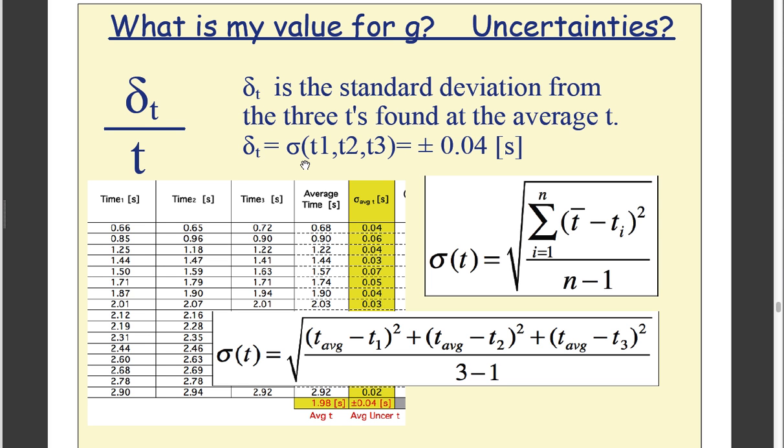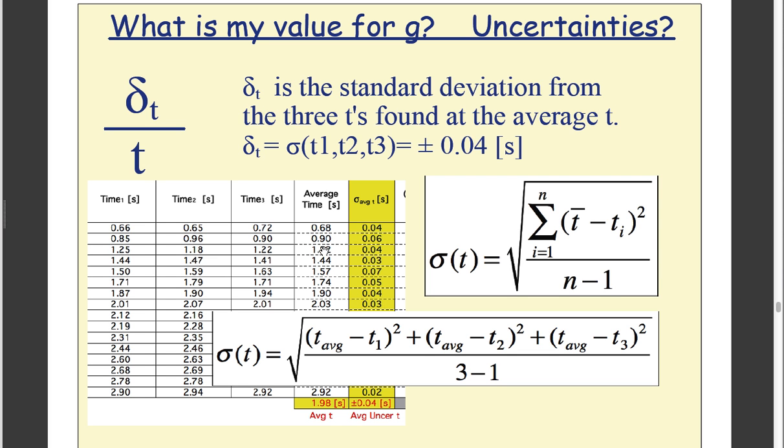Now to find the uncertainty in time, we use the standard deviation. If you remember, the standard deviation of time would be the summation of the average time minus the individual time, T1, T2, and T3. Each of those differences squared, and then divide by the number of data points, that's 3 minus 1, and take the square root of that ratio. If we write that out more carefully, we get the t average. Let's say we're doing it for this run right here, 1.22.